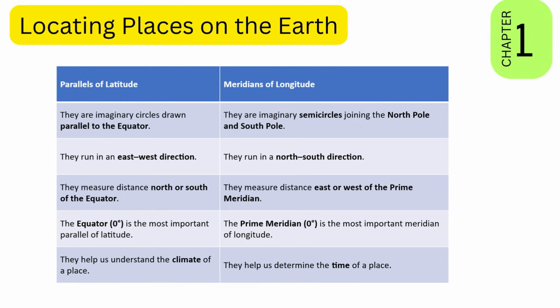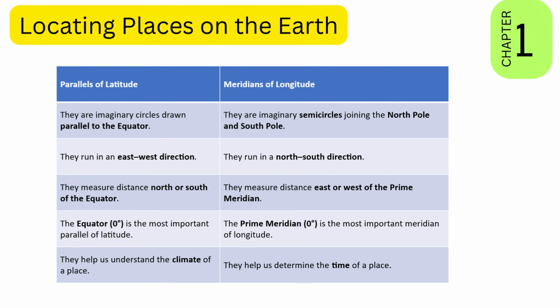And meridians of longitude are imaginary semicircles joining the North Pole and the South Pole. Second, latitudes run in an east-west direction. Longitudes run in the north-south direction. Latitudes measure distance north or south of the equator and longitudes measure distance east or west of the prime meridian.